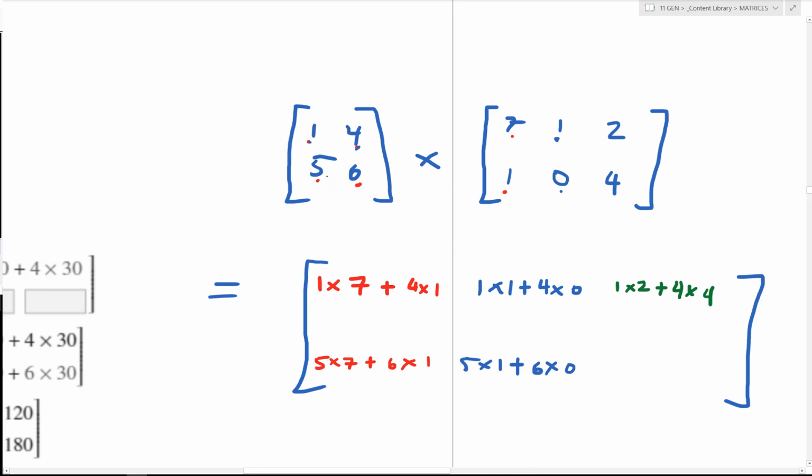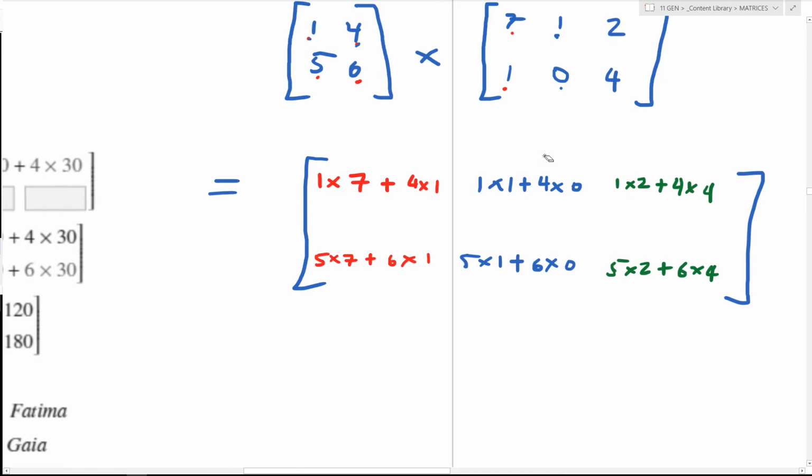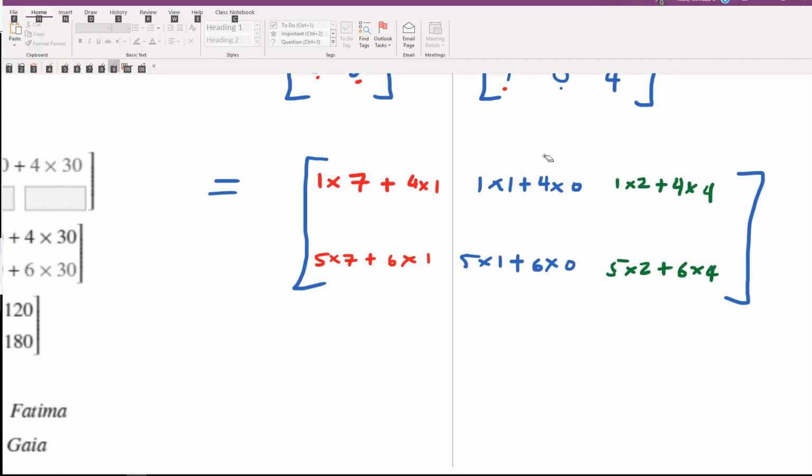And the last one, again this row times this column, which is what I'm doing each time: 5 by 2, and then 6 by 4. So remember that process, guys: it's row times column. Now we evaluate the whole thing.